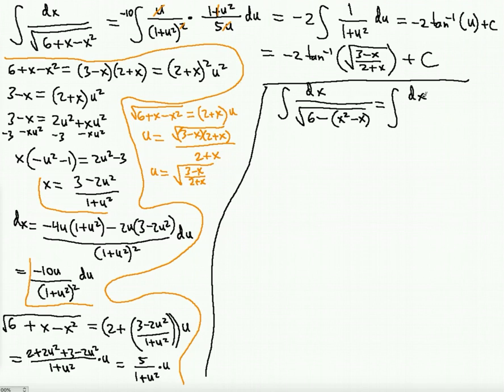So you're going to have the square root of 6 minus x squared minus x, and then half of this coefficient squared, which is going to be plus 1/4 and minus 1/4, dx, which is equal to what?